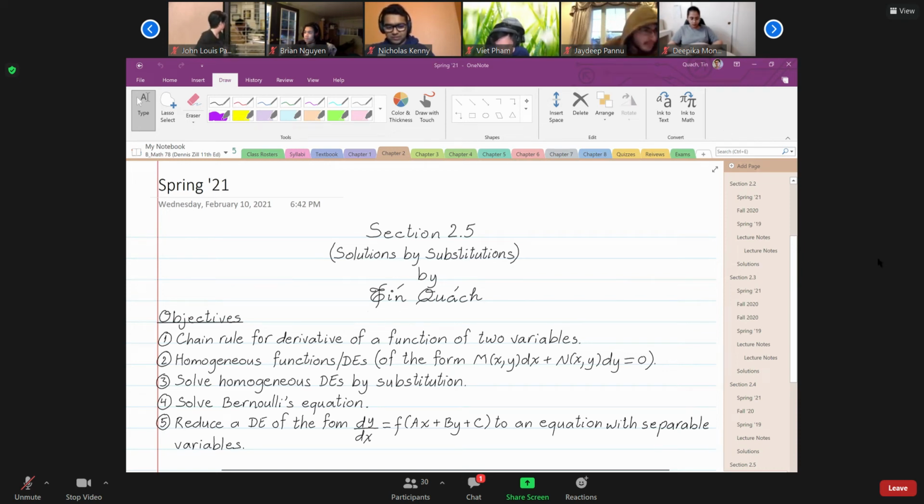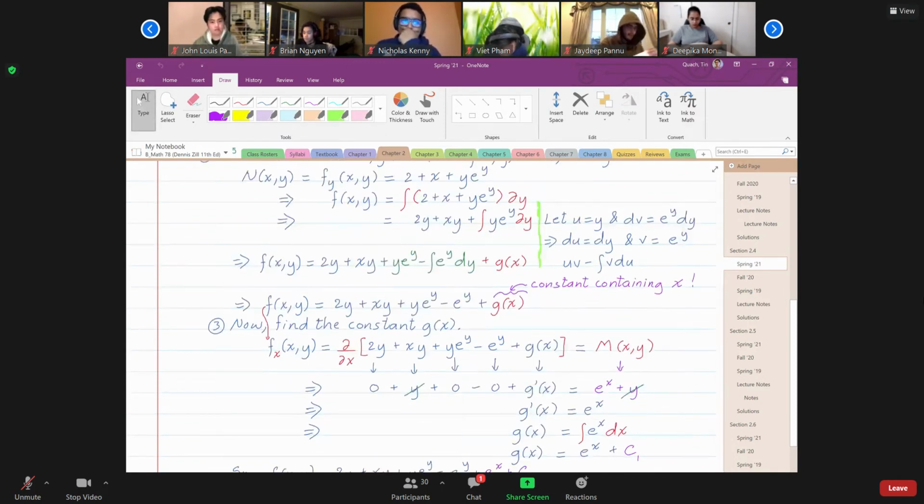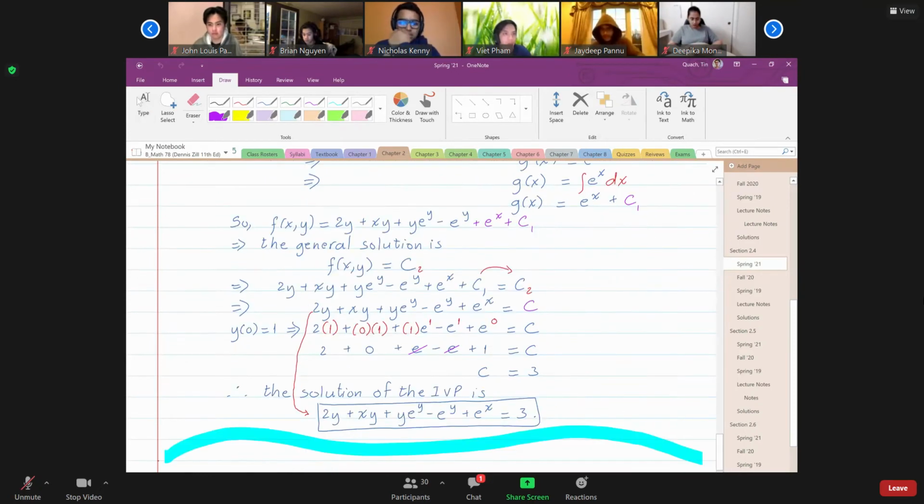Okay, so for 2.4, I need to make some corrections. Okay, enter key. All right, so let me see where that is. The last example now.